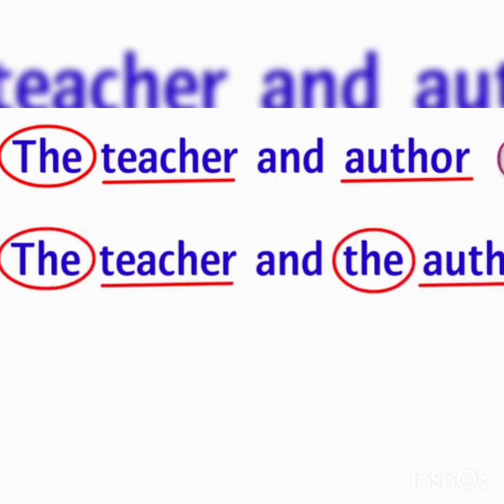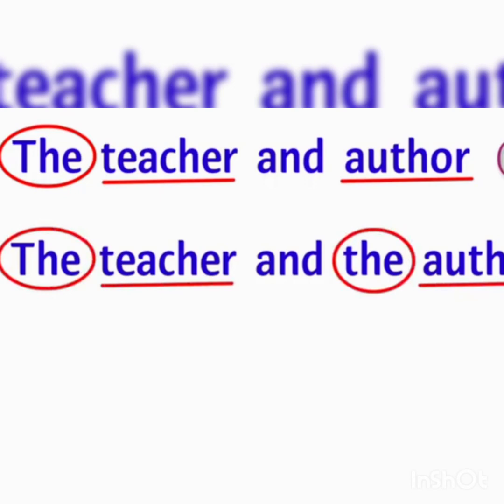And whenever there is a sentence with the article before 2 nouns, that means we are talking about 2 persons, and we will take the plural verb with that. That means the teacher and the author are 2 separate persons, 2 different persons, and we are considering them as plural, and we will take a plural verb with that. So I hope how to make out whether we are talking about one person in a sentence or 2 different persons is clear to you.